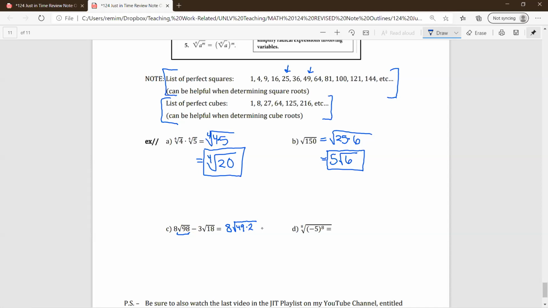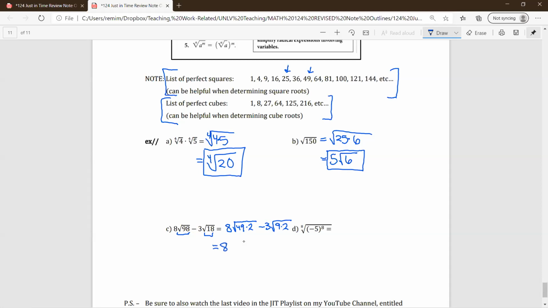And then I have minus 3 root. Now look at the 18. Can that be broken down using one of these perfect squares? Yes, we can use the 9. 9 times 2. And again, look at how I'm writing my work. I'm not leaving out any parts. I'm not just doing root 98 on its own. I'm writing the entire expression out in every single line that I write.